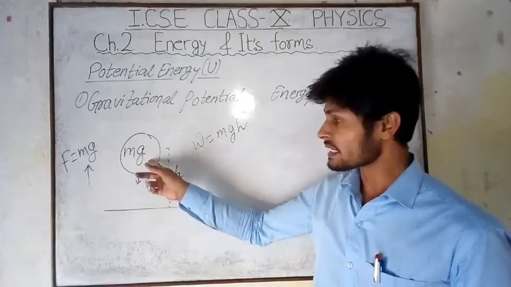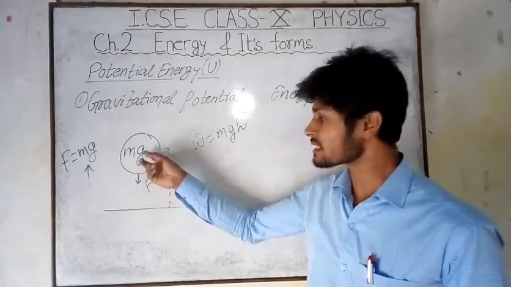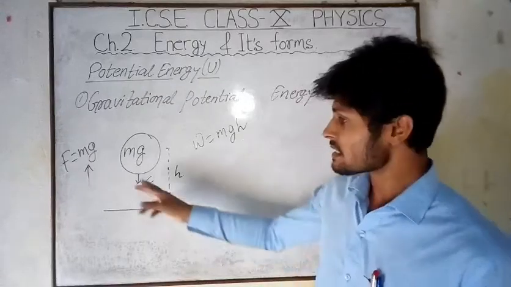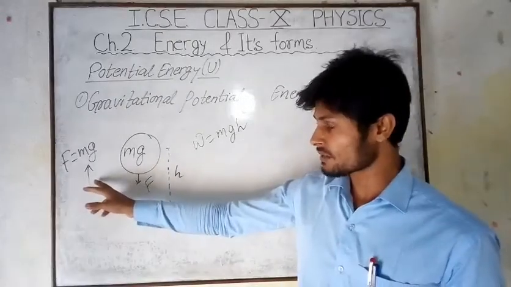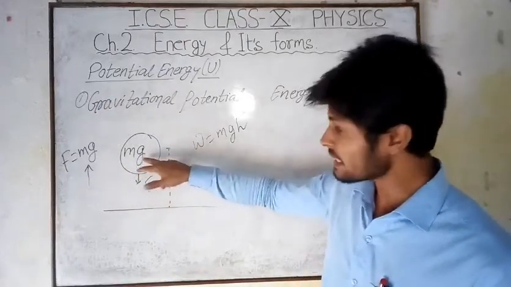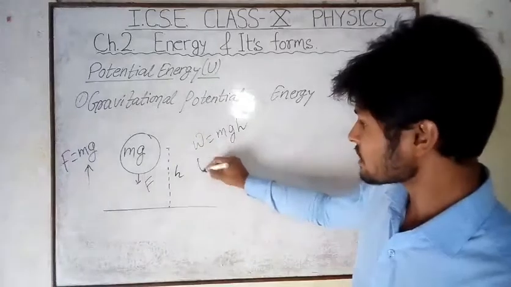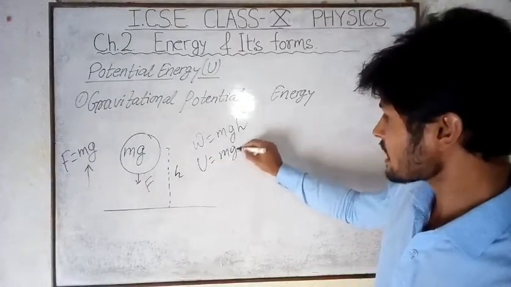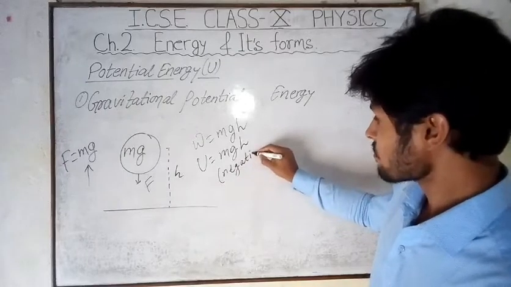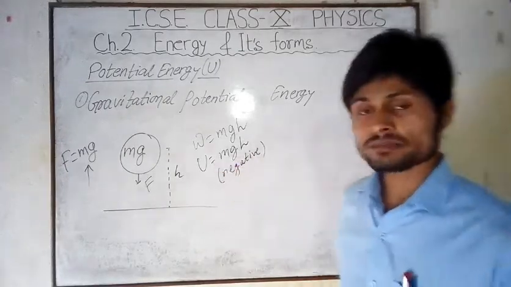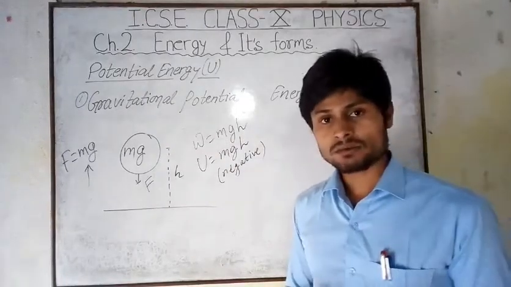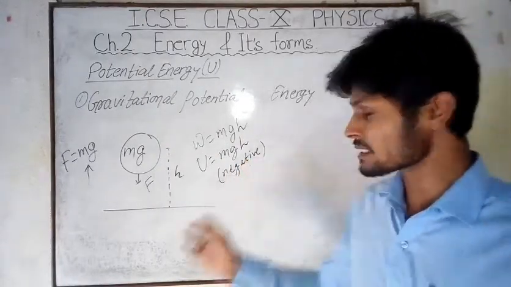So that means it has gravitational potential energy, but this potential energy is considered as negative potential energy, as the force applied for the work done is opposite to the direction of the force that it can apply. So here U is the potential energy, mgh, and it is negative potential energy. We do not mention the negative sign here. Why? This is simple because energy and work done are scalar quantities. So this one is negative potential energy.